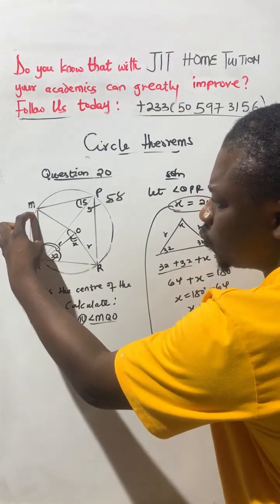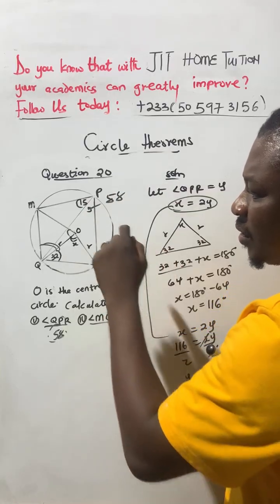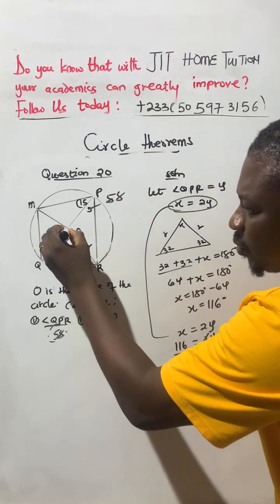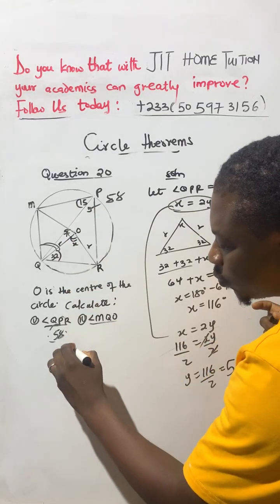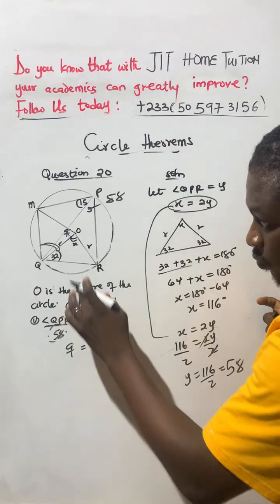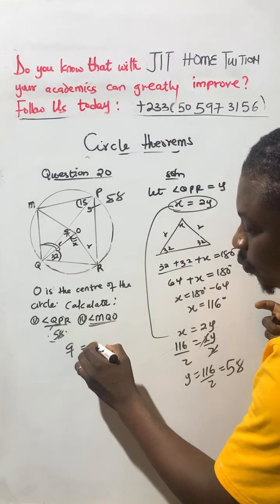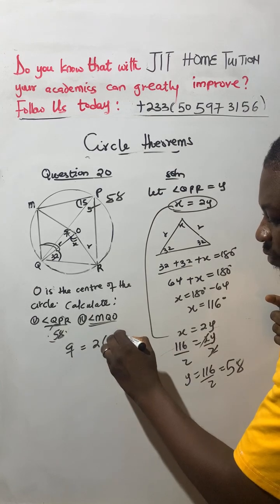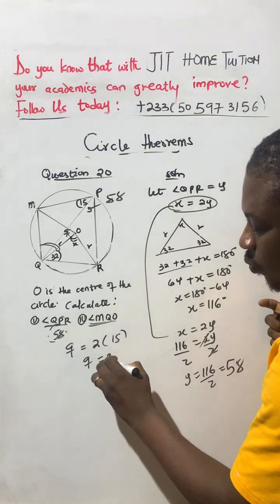That same chord also subtends at the circumference, and here it is 15. So we can say this angle at the center is Q. Q is equal to twice the angle at the circumference, which is 15. So Q is equal to 30.